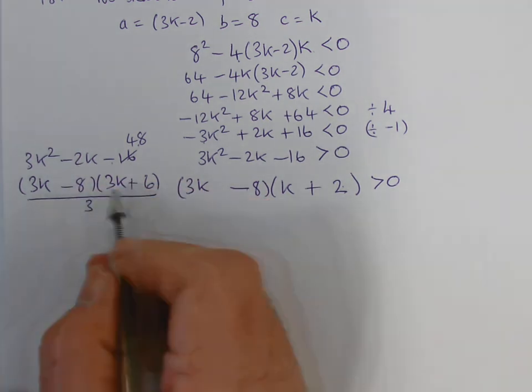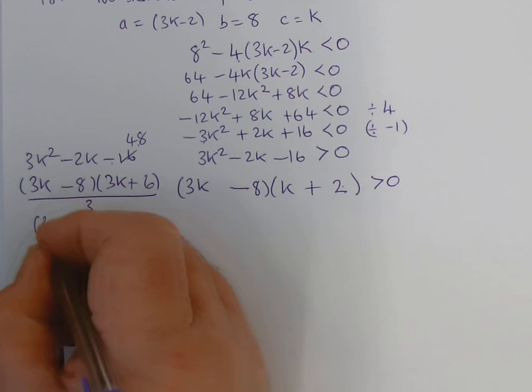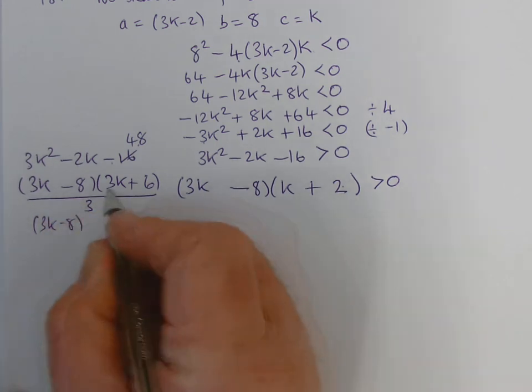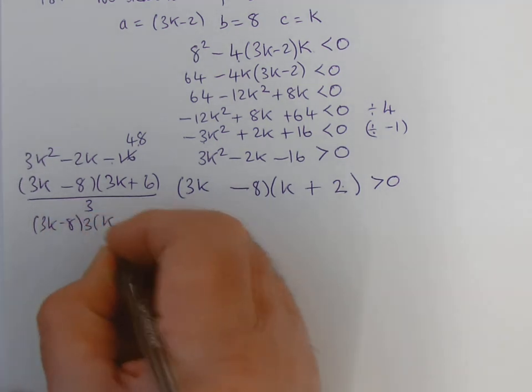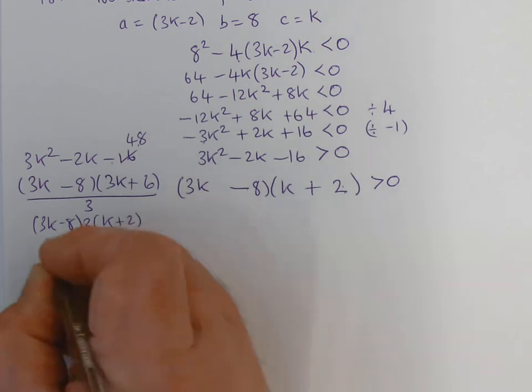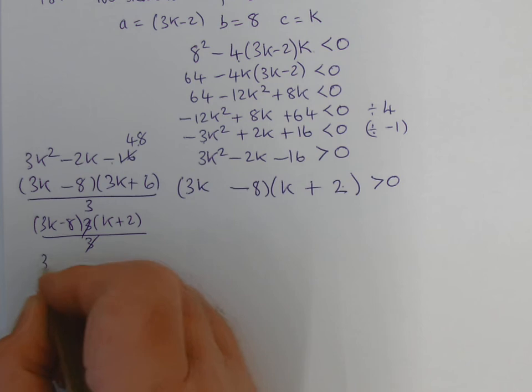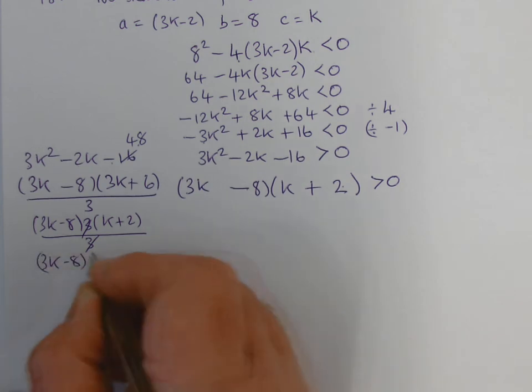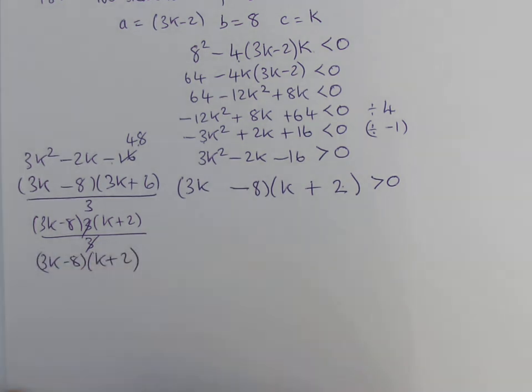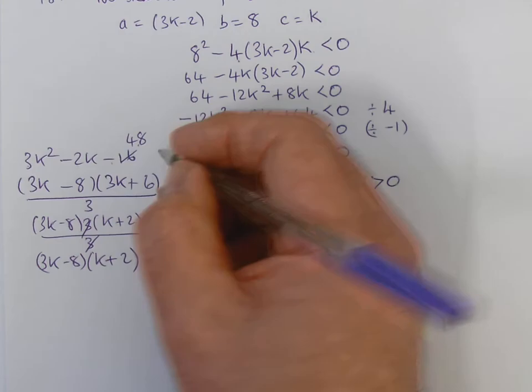And you factorize what you can in the bracket. The first bracket doesn't have a factor, the second bracket has 3 as a common factor, so that's k plus 2 over 3, they cancel out, and as you can see I got the same factorising there.